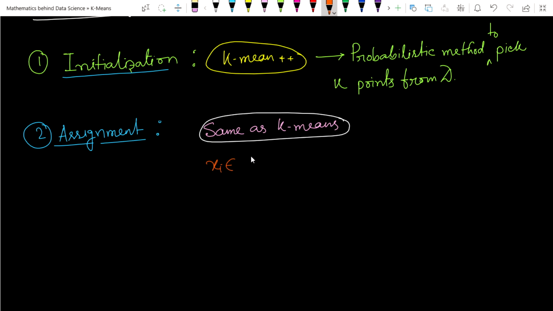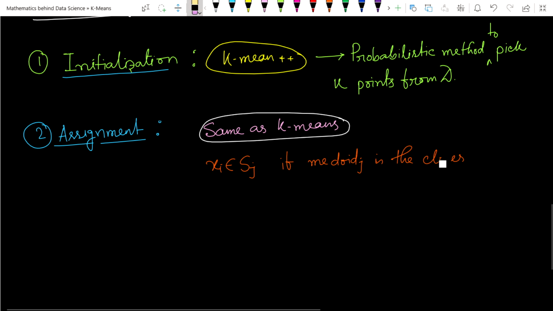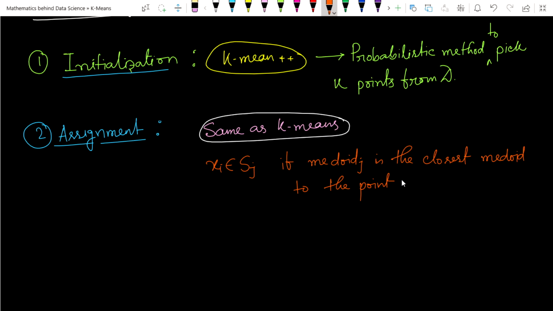It will lie in the cluster Sj if the Medoid j is the closest Medoid to the point xi.